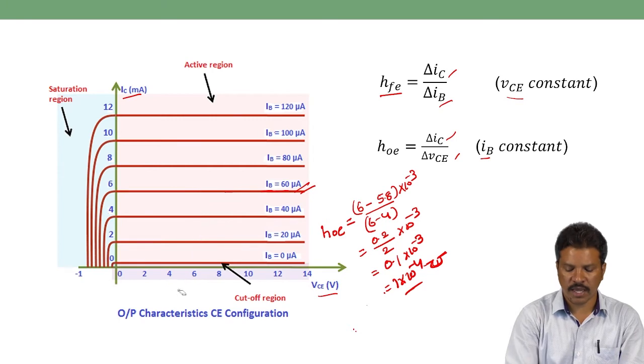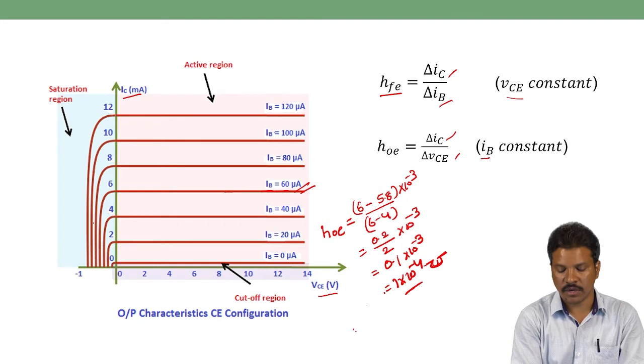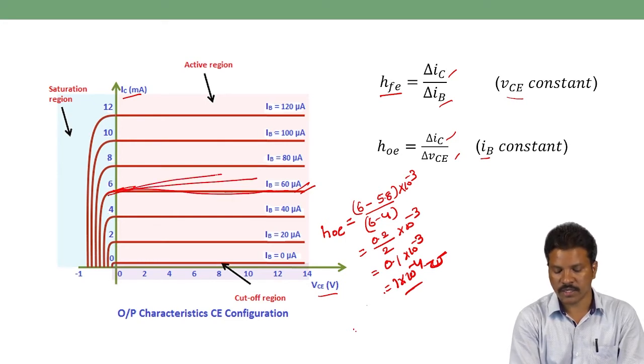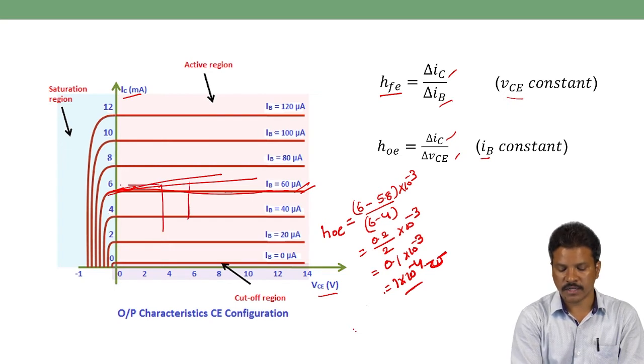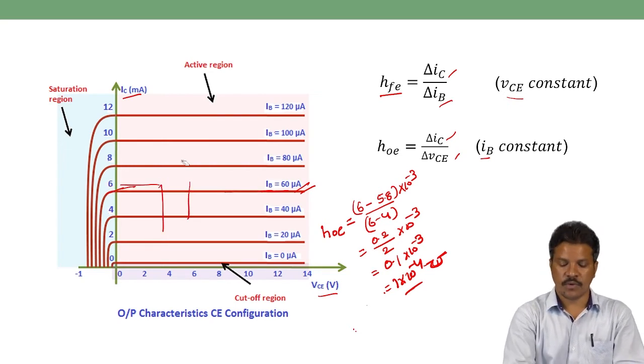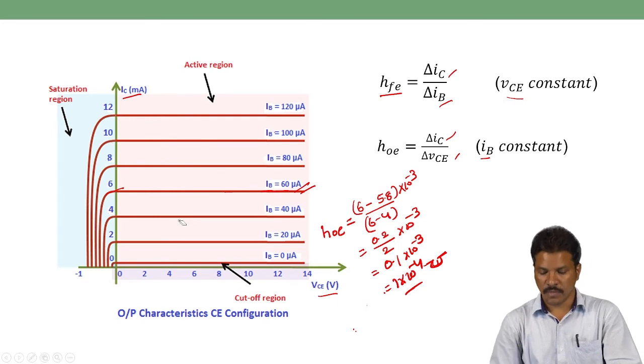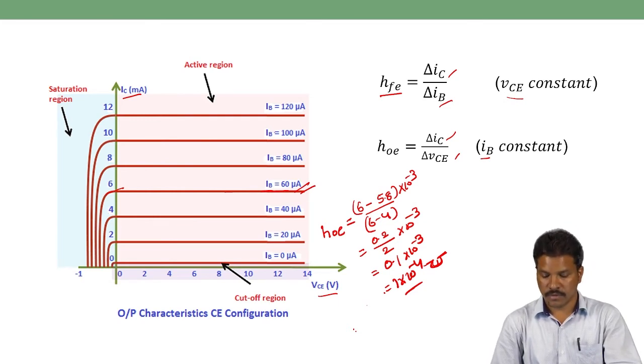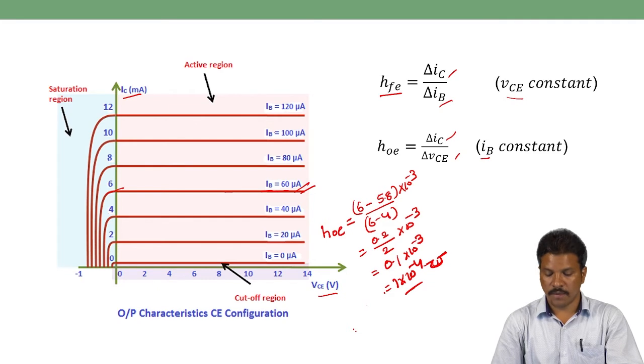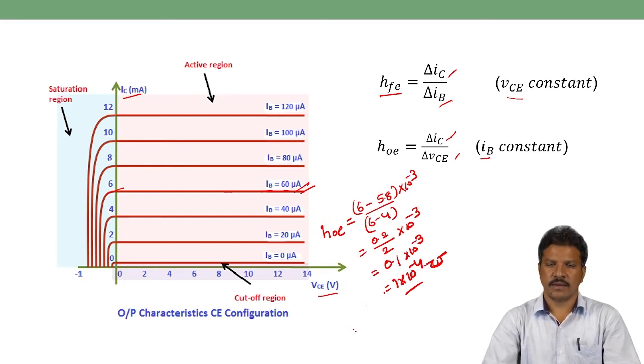If you change the characteristic graph, sometimes in common base configuration it is exactly straight, common emitter has somewhat of a slope, and common collector has somewhat of a slope, so you will get different values of output admittance. Likewise, we can determine the H parameter values in common emitter configuration.